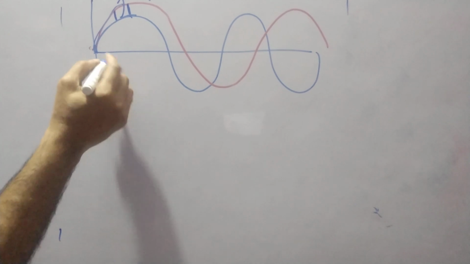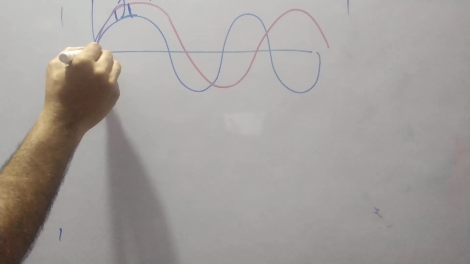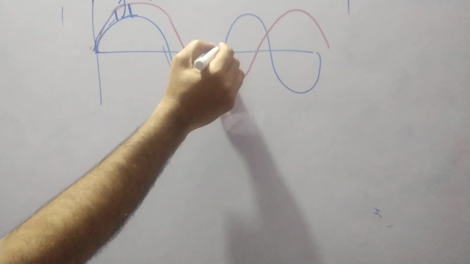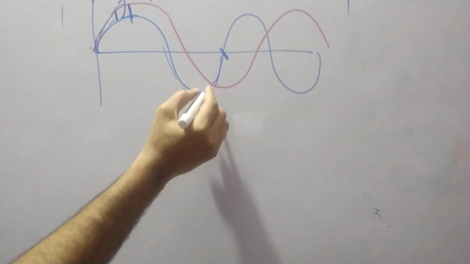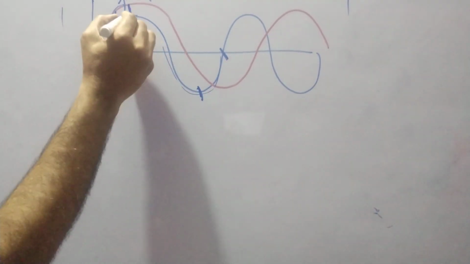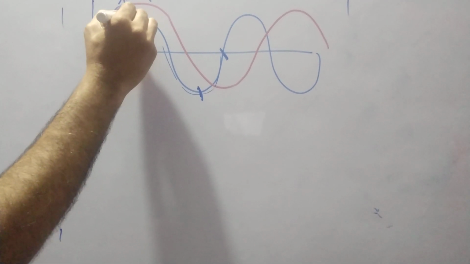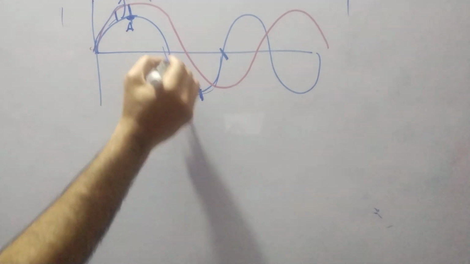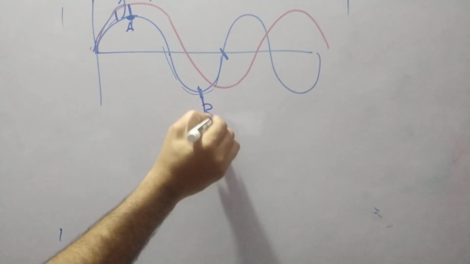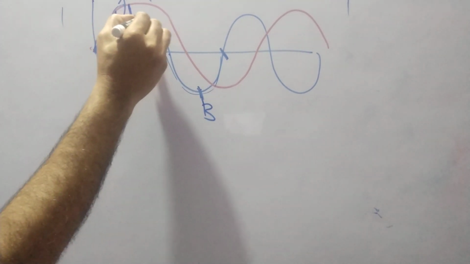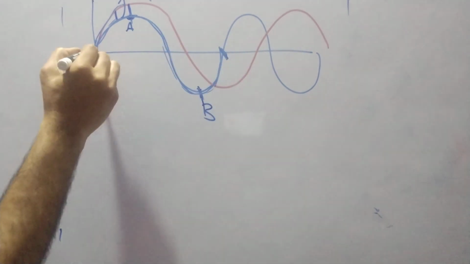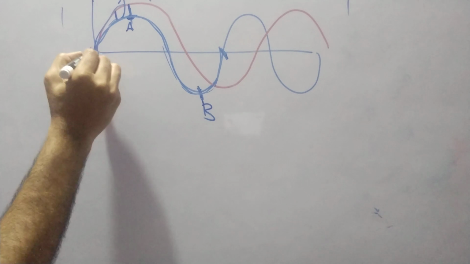And one more thing, in terms of lambda, this is the actual complete wave. One crest and one trough is known as a complete wave. The maximum point of the curve is known as crest, and the maximum point below is known as trough. If a curve contains one crest and one trough, and the starting and ending points are on the mean position, this line is known as the mean position.